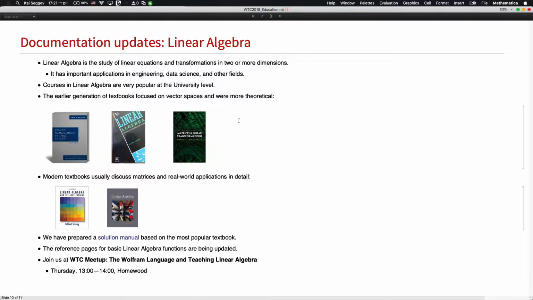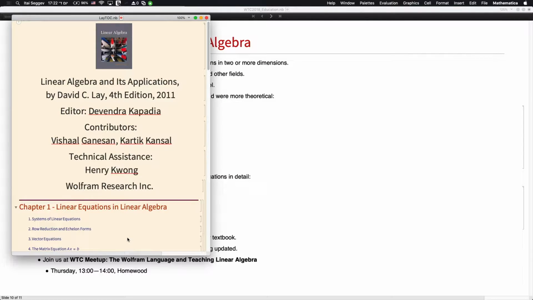But I finally settled on David Lay's book on linear algebra because it had 467 Amazon reviews and wonderful applications, etc. So I then hired 2 interns over the summer. So last summer we finished Stewart, 6,000 examples, and this summer I told them, look, you're going to solve this whole book through the summer. So they sat down 8 hours a day and prepared this solution manual for linear algebra.